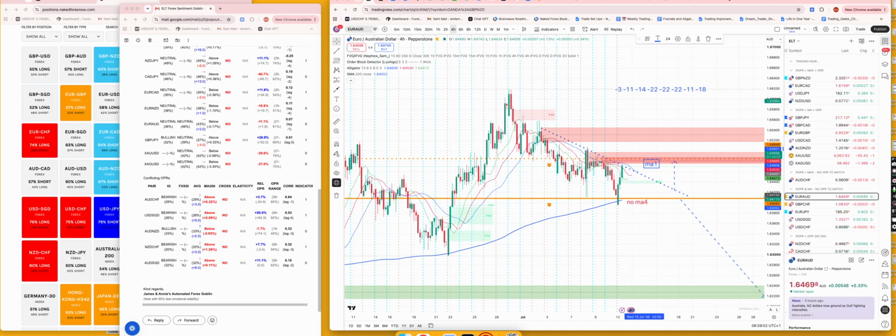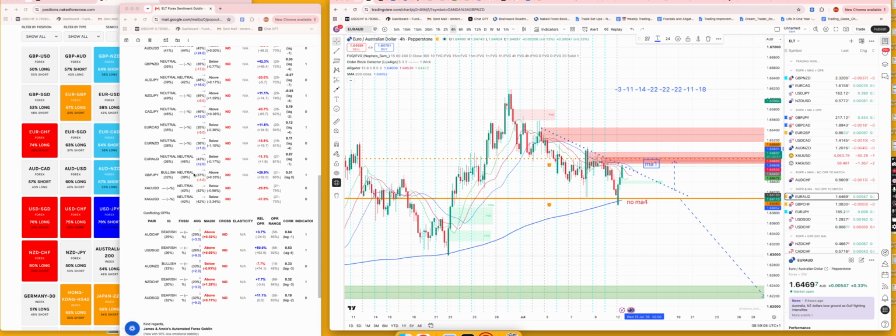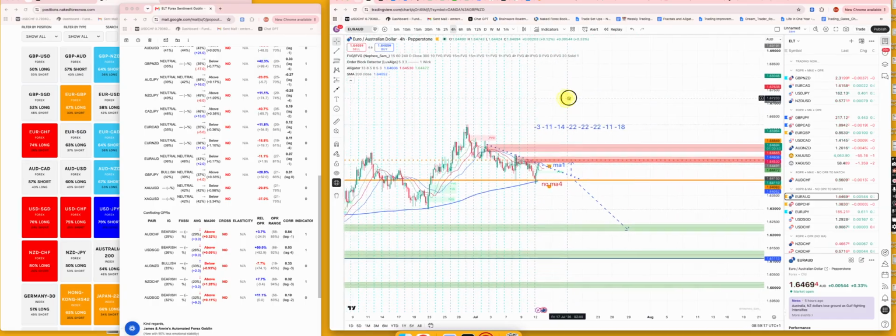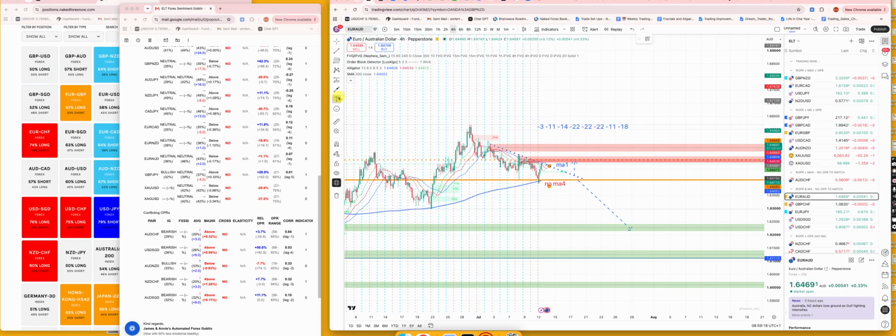Okay, so we've got the relative, oh no, we didn't check the relative OPR, minus 11. Okay, minus 11. I didn't put this on last night. Oh, I did. So we've got the relative OPR. This is last week's numbers, by the way, which I'm just keeping my eye on for the moment.